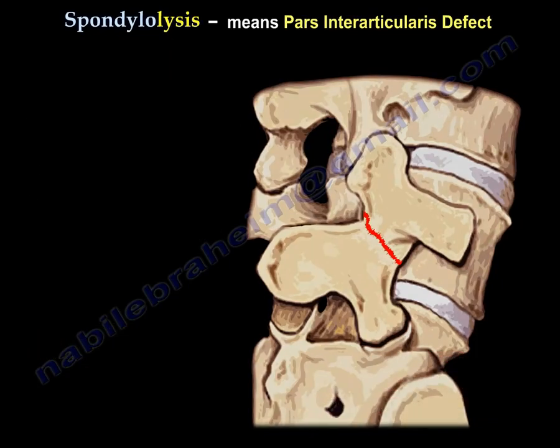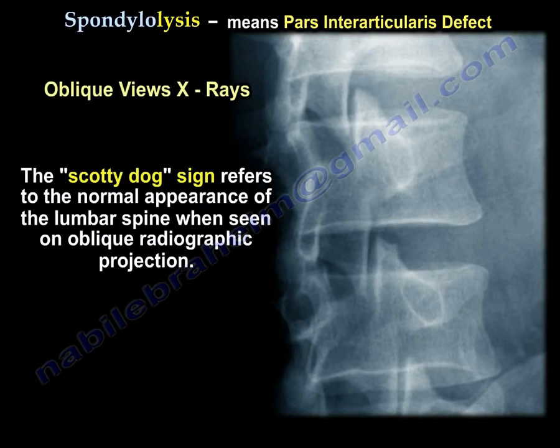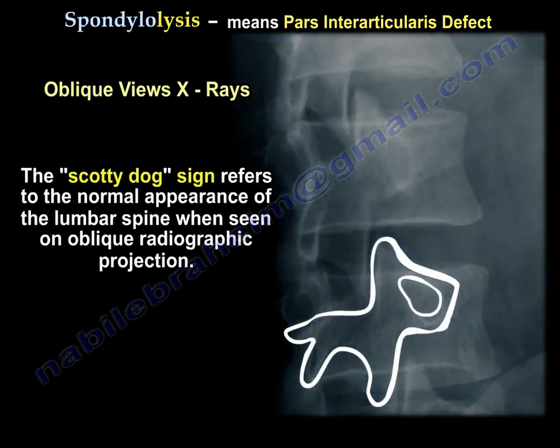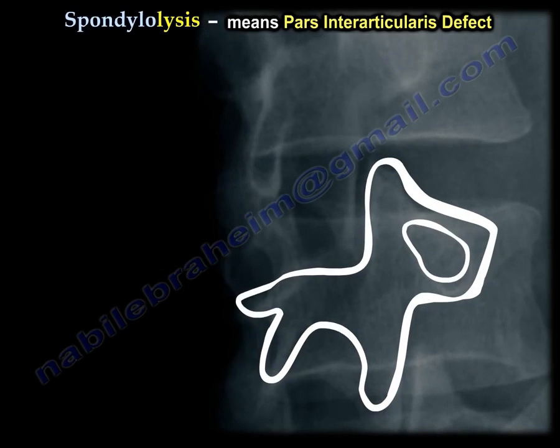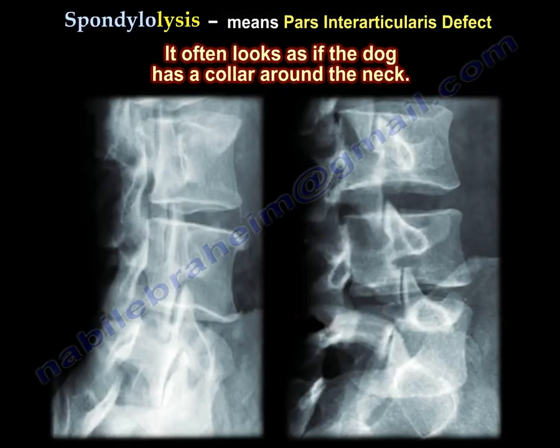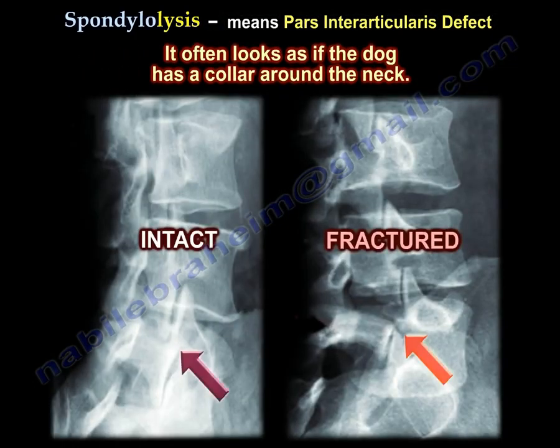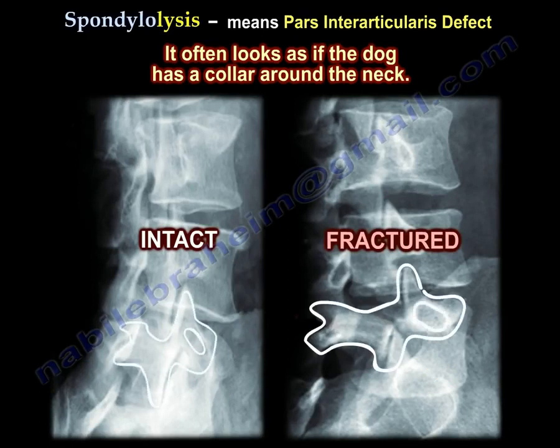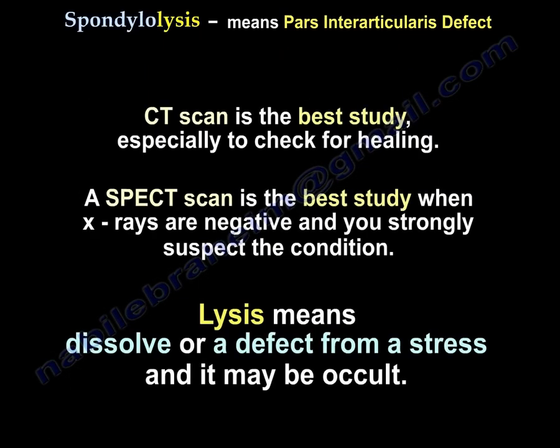If you get oblique x-rays, you will see the Scotty dog sign. The SPECT scan is used to diagnose it if the X-ray is negative.